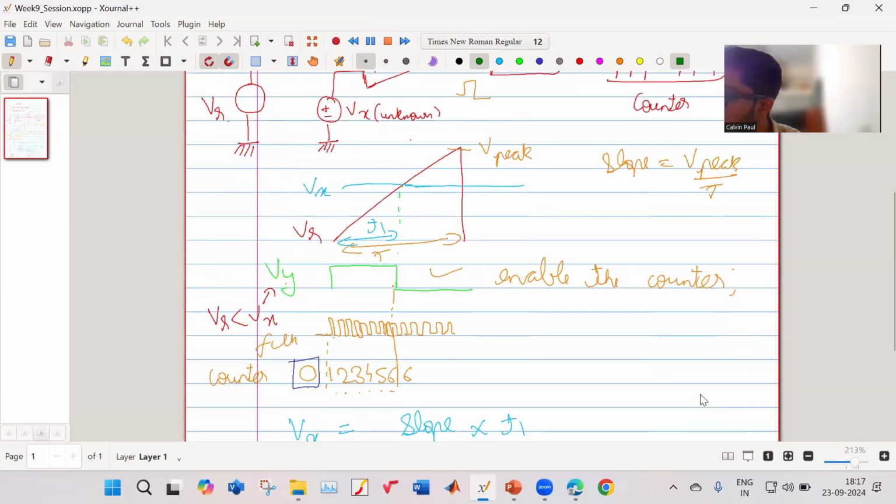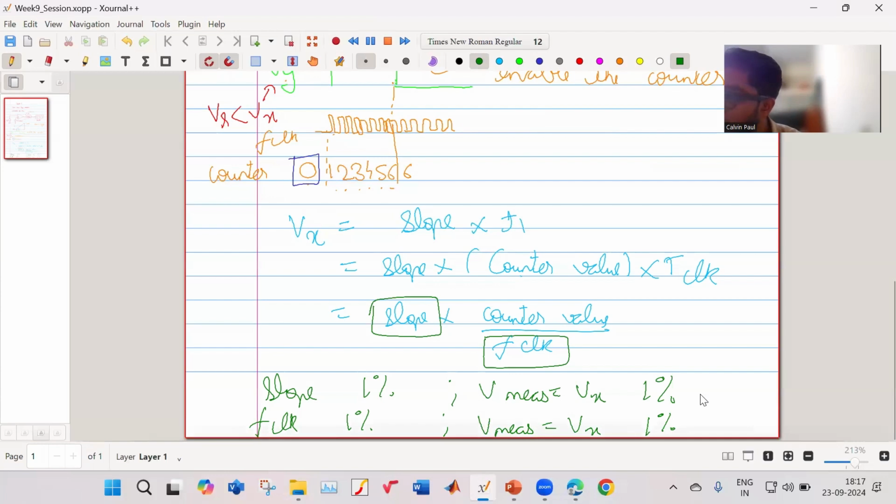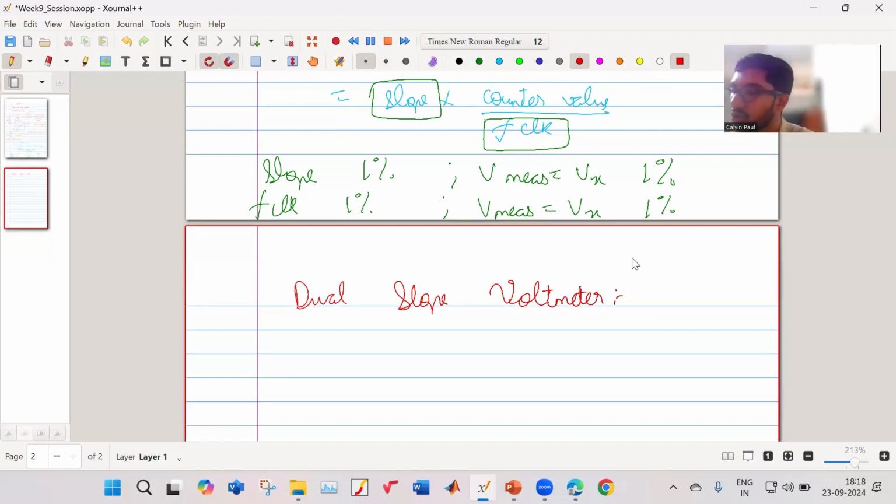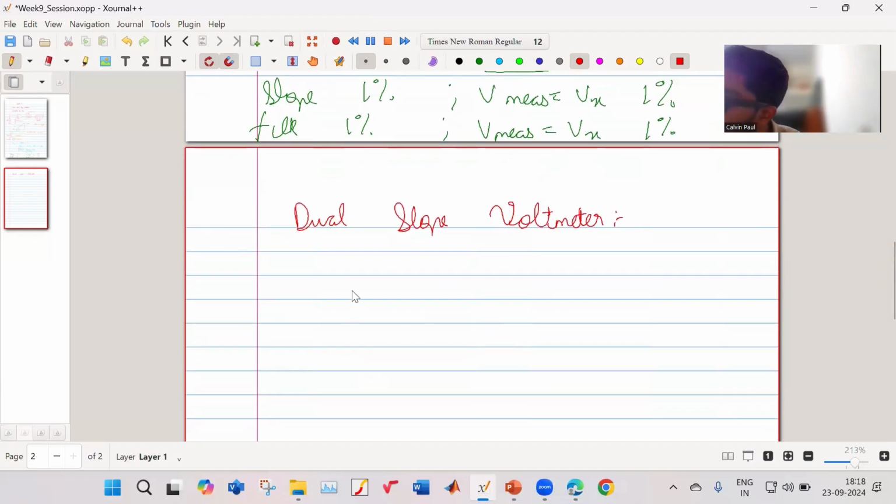So now to overcome this issue, they use what is known as a dual slope voltmeter. In the dual slope voltmeter, there's an integrator which has some constant C, and there's a switch.